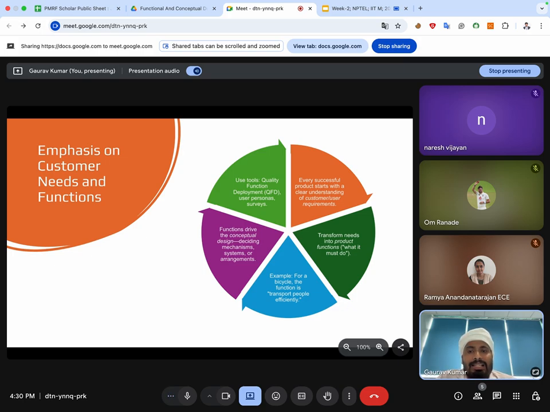First is identifying the user needs. Don't assume anything, right? Talk to people, use interviews, field studies, shadowing, or take a survey. First try to identify what the need is.